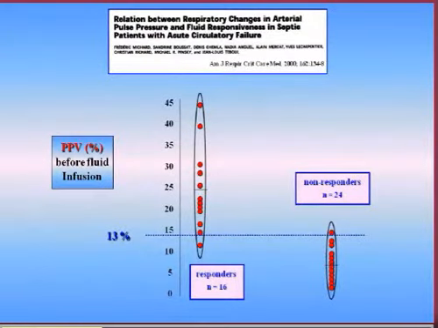And using this index, in another paper, we found that pulse pressure variation before fluid administration was higher in patients who will respond to fluid in comparison with patients who will not. And we found 13% for the threshold value.